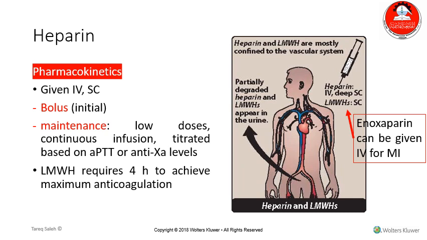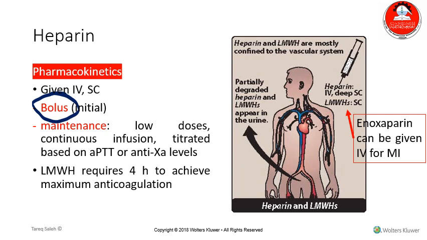Heparin is often initiated as an intravenous bolus, meaning a large concentration of the drug in the first dose given. And this is often to achieve immediate anticoagulation, very fast action. But this is usually followed by lower doses or continuous infusion of heparin, where we can titrate it or reduce the concentration gradually to achieve the desired level of anticoagulation.